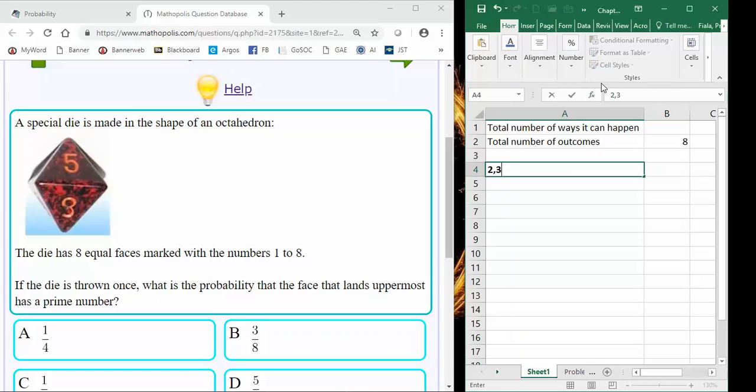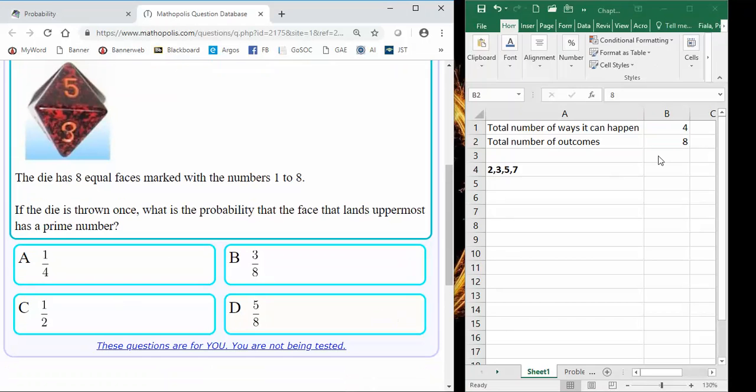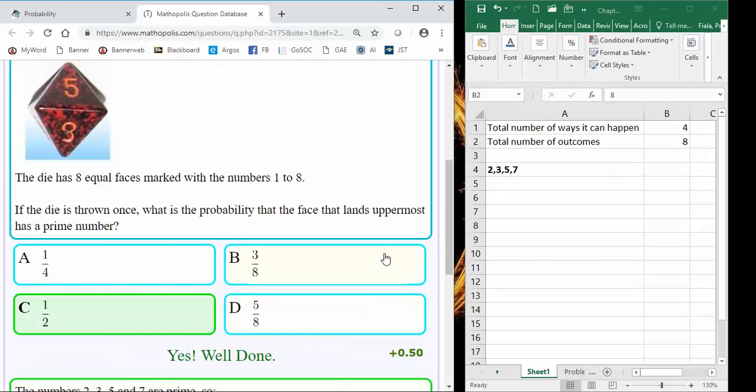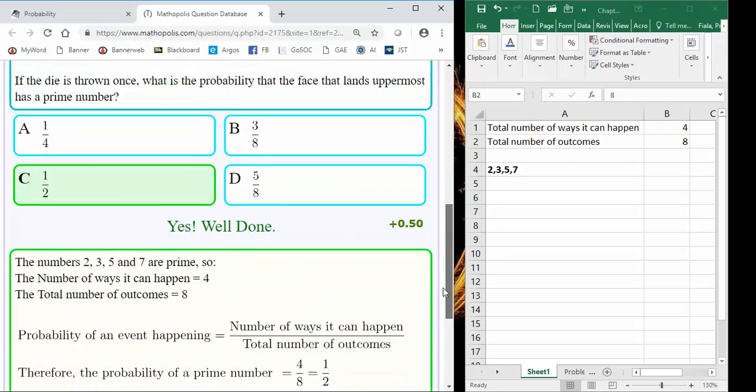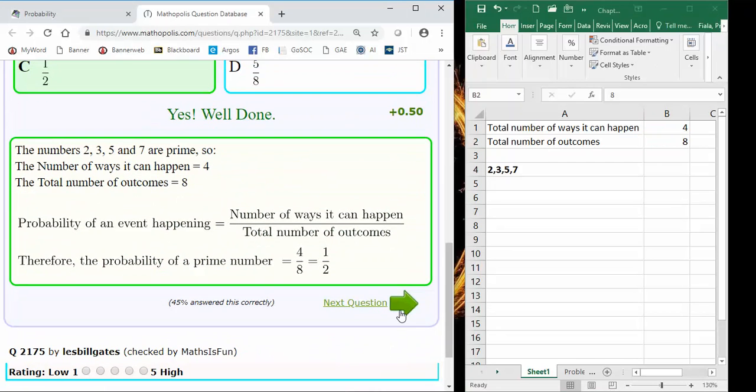So 2, 3, 5, let me think. 1, 2, 3, 5, 7, 8. We can divide 6, we can divide 4. Okay, so that's 4. 4 eighths divided by 2 is going to be 1/2. Perfect.